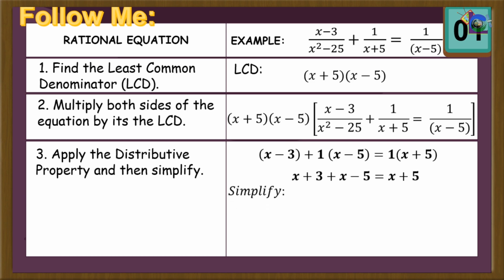Simplify: 2x minus 8 equals x plus 5. We will combine like terms, so this will become 2x minus x equals 8 plus 5. The value of our x is equal to 13.